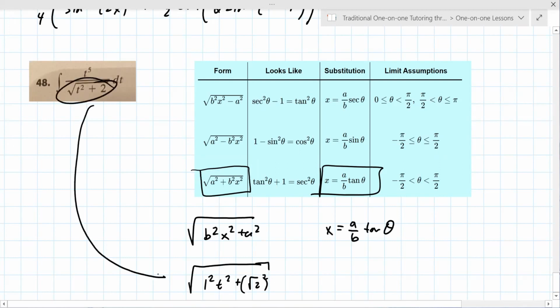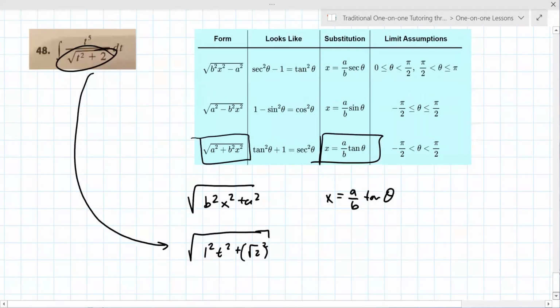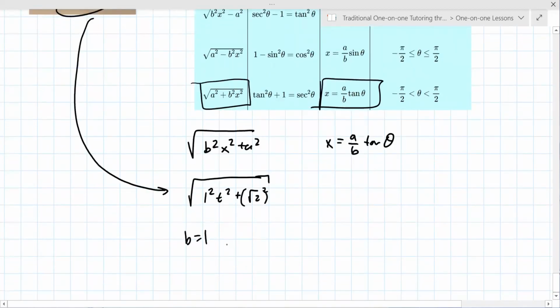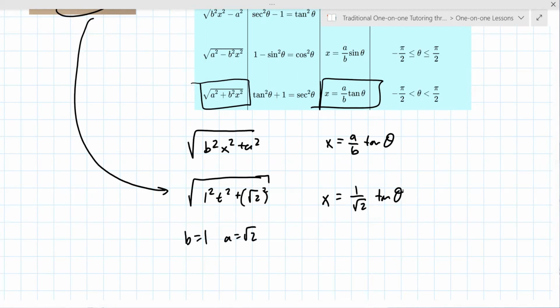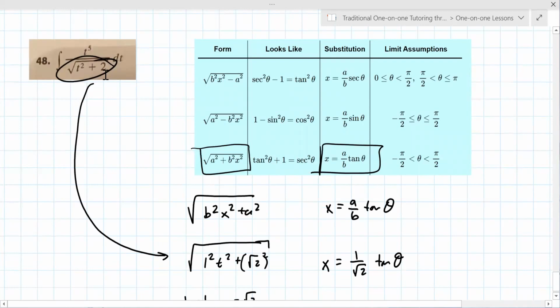That's this bottom part. So your b is 1, and your a is the square root of 2. So your substitution is 1 over the square root of 2 tangent of theta. Or a is the square root of 2. That's the only way, because your a when squared has to get back to that.